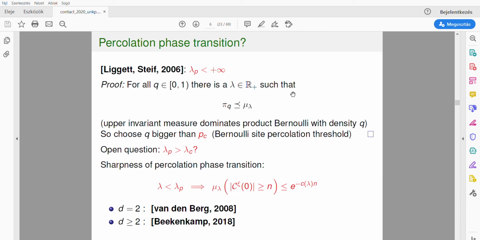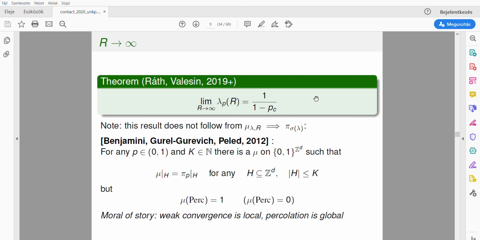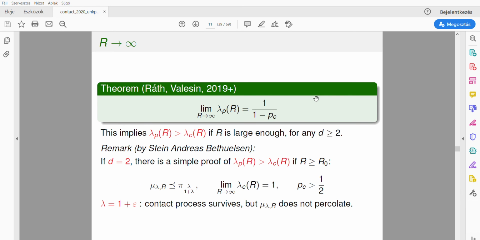So the result of Liggett and Steiff is hard, but there is a super trivial argument that I'm going to recall now, that the upper invariant measure for any value of lambda and r can be stochastically dominated by, so this time it's the Bernoulli that dominates, and the parameter of that Bernoulli is lambda divided by 1 plus lambda.